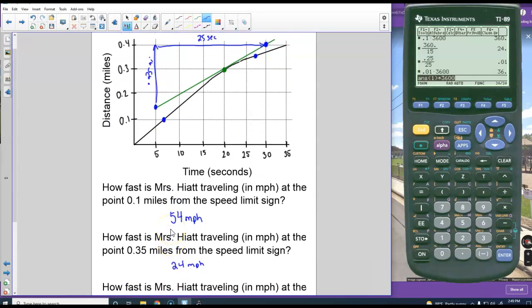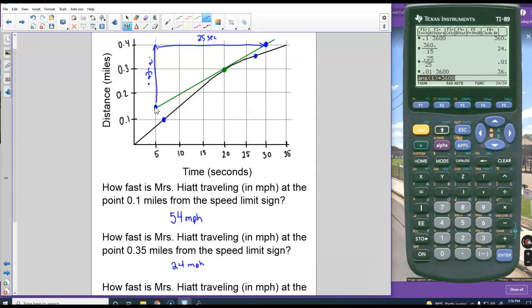But we could estimate 36 miles an hour based on this graph. This probably isn't the greatest estimate because I just drew in that line by sight, so it's not exact. But if I had an equation for this, and I knew the equation of that line, then I could find that exact point using calculus, and I could find that rate of change.